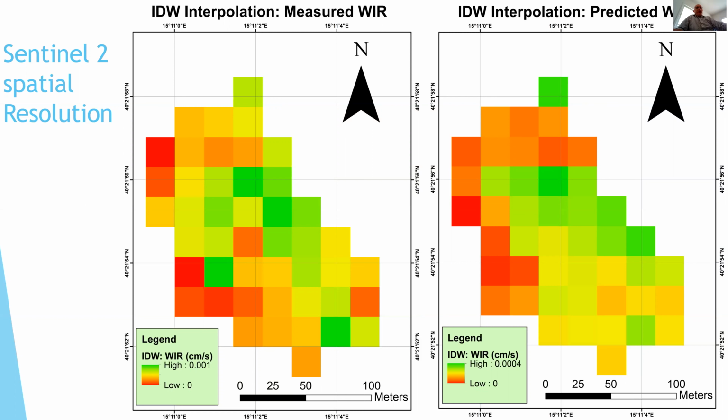There are two sensors today in orbit carrying this spectral region. One is DESIS from DLR, and the other one is CHRIS-PROBA of ESA. But we still cannot get data out of them because it's not public domain data, especially DESIS. CHRIS-PROBA is public domain, but it was not possible for this area to get the data.